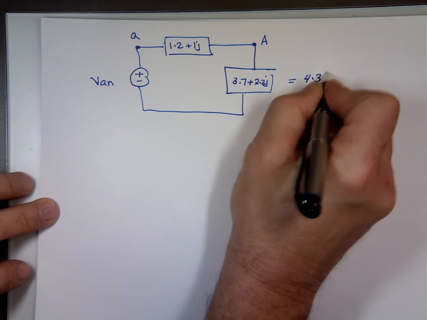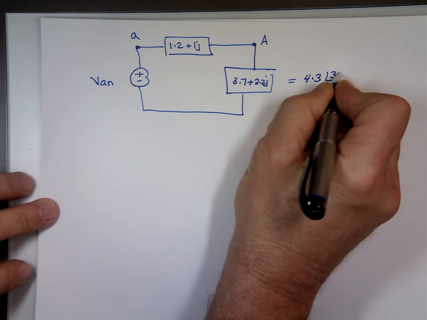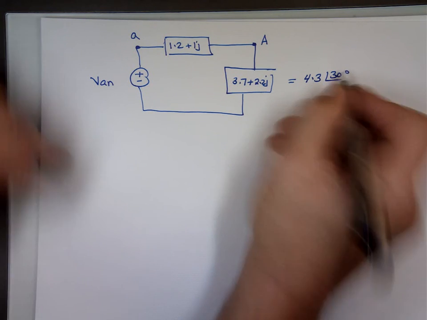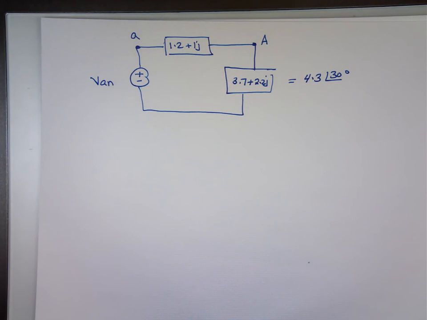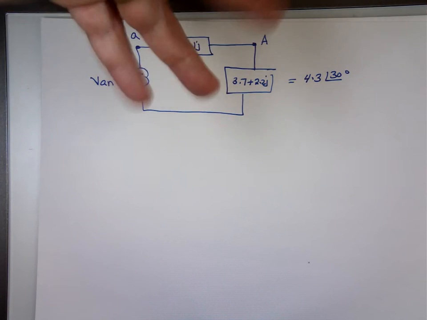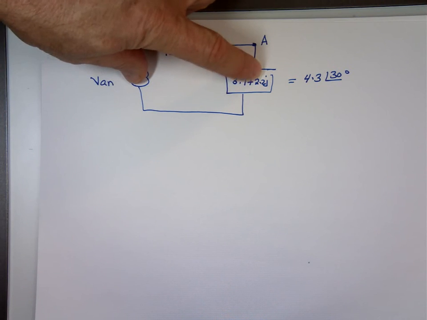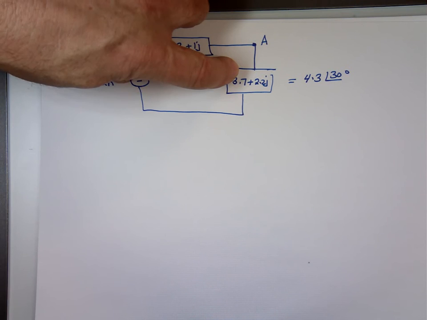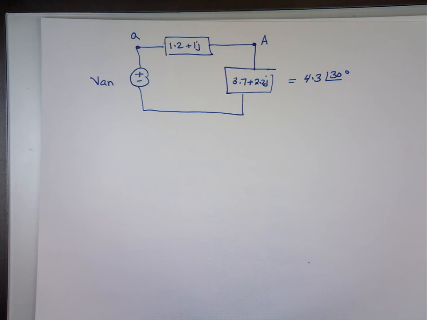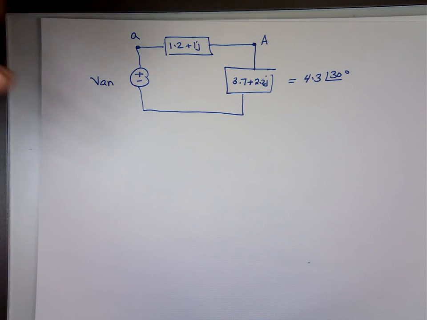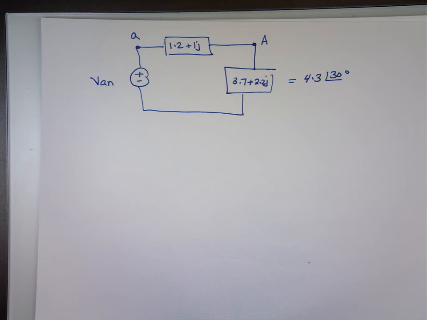Well, I guessed it, because 2.2 over 3.7 is almost half, so I figured the angle somewhere around 30 degrees. So it was 30.8, you know. I was just guessing to see what the value was.